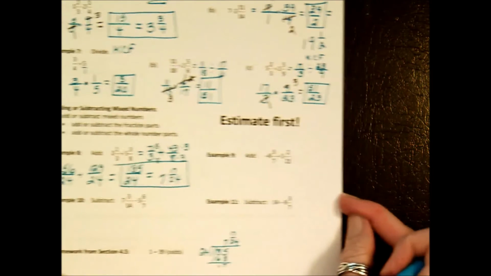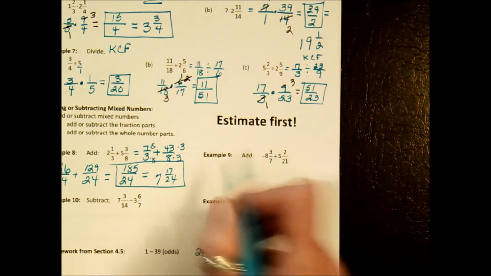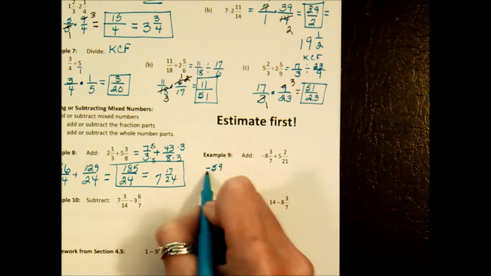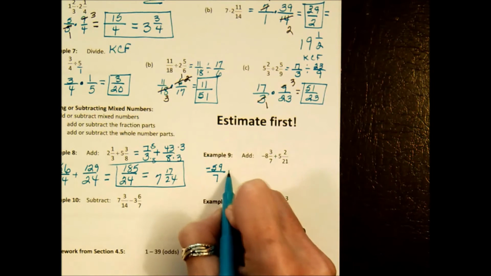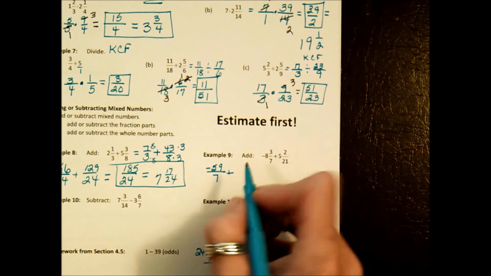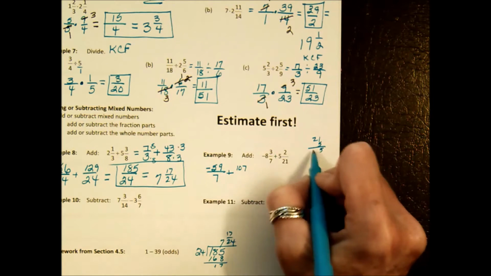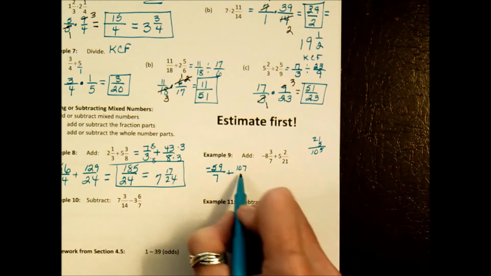Let's do this one. Again, let's change them. 7 eighths are 56, and 3 is negative 59 over 7. You keep the negative. 105, 106, 107, because it's 21 times 5 plus 2, 107 over 21.